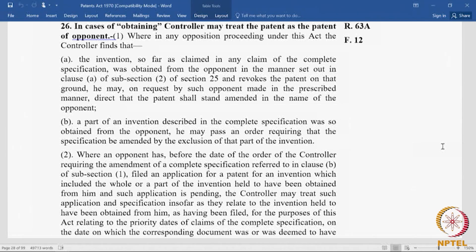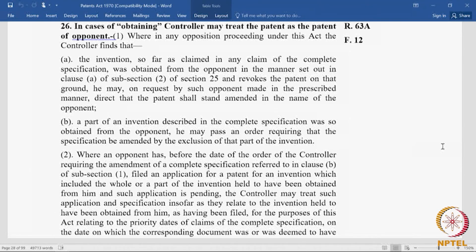So, if the question is asked, under which proceedings of the Patents Act can the controller transfer a patent, a granted patent, from one person to another, the answer is 26. This is actually transfer of patent, because your name is going to be substituted as the patentee, or you could even word the question as under which provision of the Patents Act can a person substitute his name as the patentee.